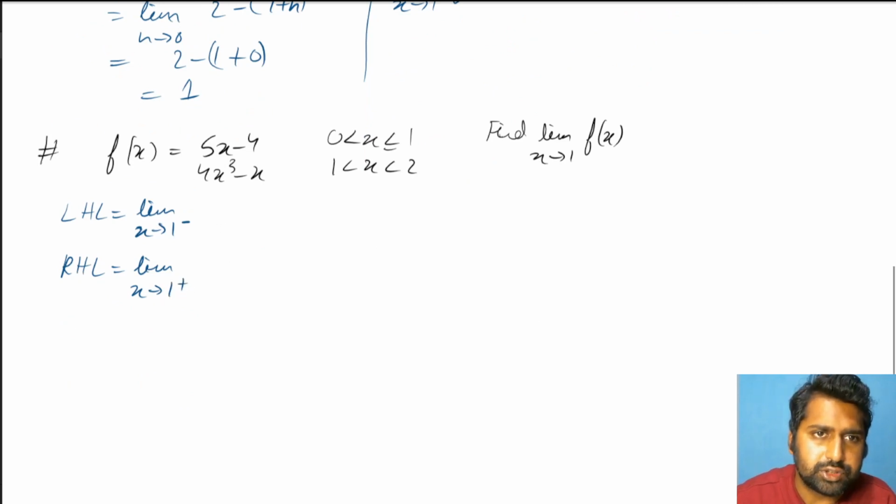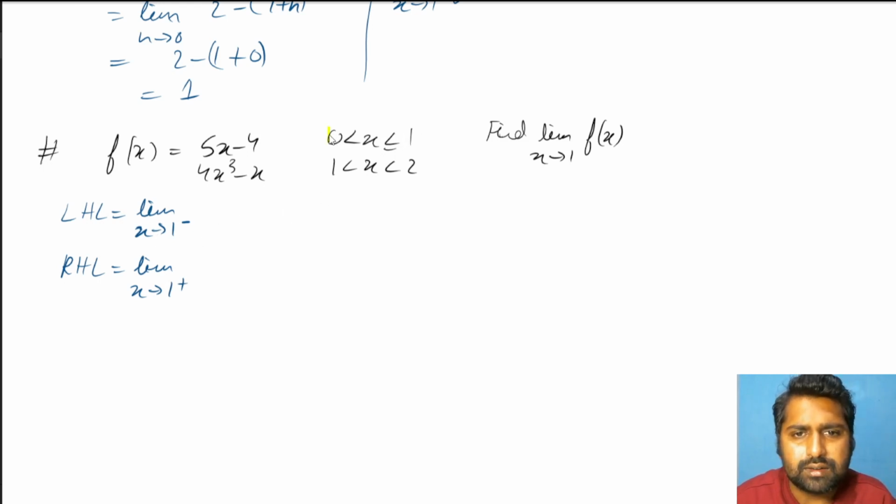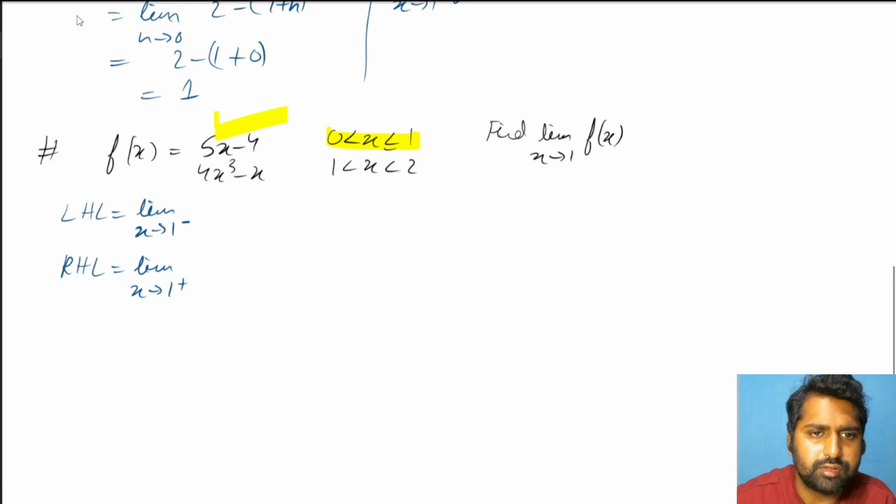We have to select the function. For 1 minus, limit x tends to 1 minus means just less than 1. For x less than 1, this has to be the function. So for the first one, LHL, limit x tends to 1 minus, the function is 5x minus 4.